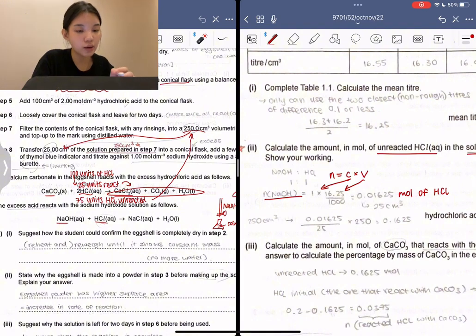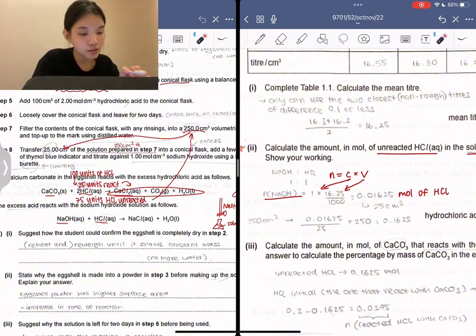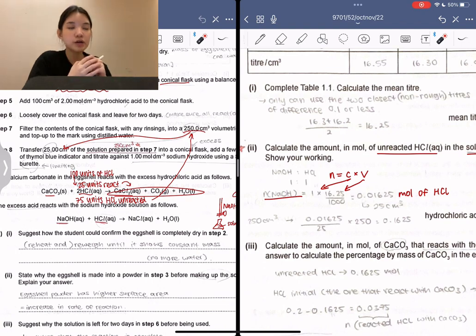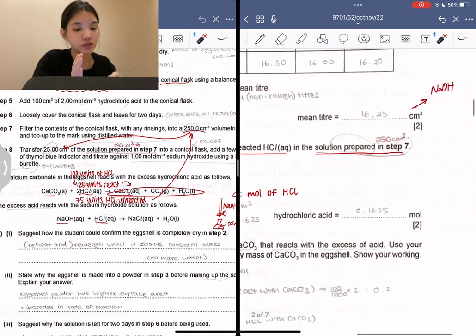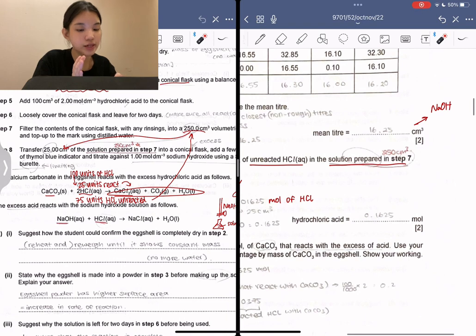You could do it by dividing 0.01625 by 25 cm cube and times 250 to form 0.1625. Or because 25 cm cube to 250 cm cube is only times 10, you just do 0.01625 moles times 10 to become 0.1625. So the final answer, HCl unreacted in the solution prepared in step 7, is 0.1625 moles.